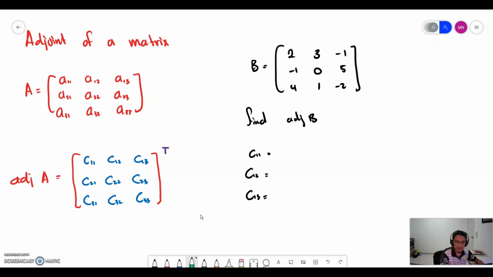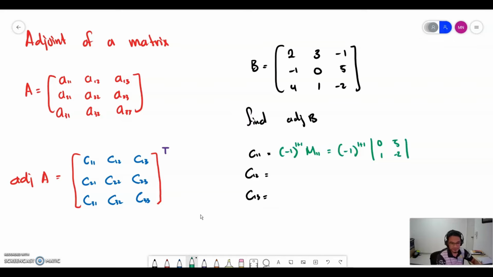In order to find the cofactor, if you do not remember, I prefer you to do some revision on the previous video, where the method to find the cofactor is related to the minor. So for this cofactor, we have -1 to the power of 1 plus 1, and the minor M11, which is the determinant of 0, 5, 1, -2.